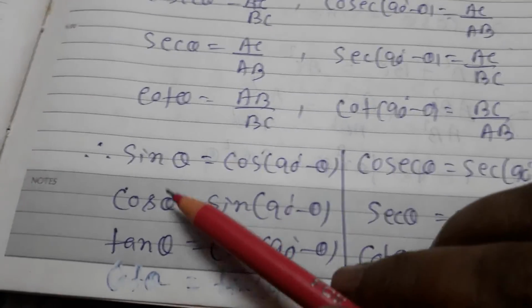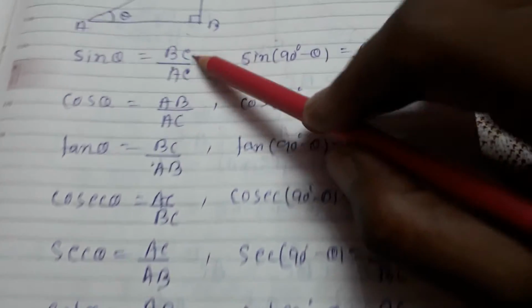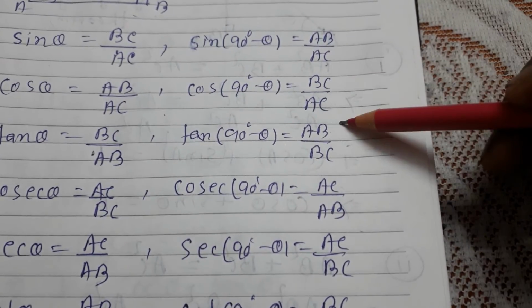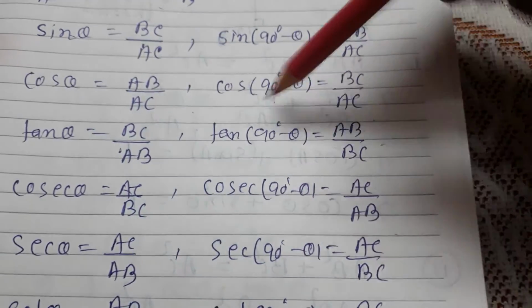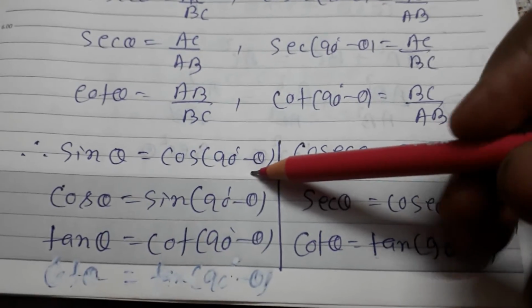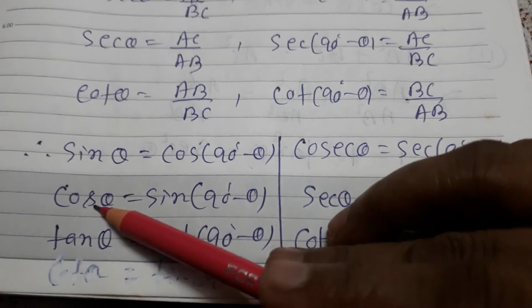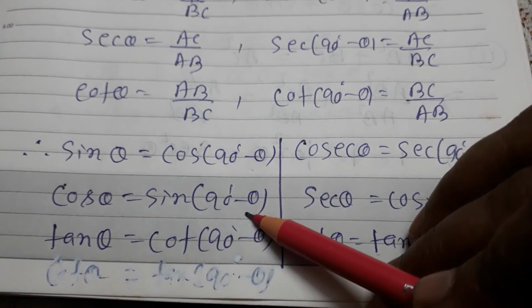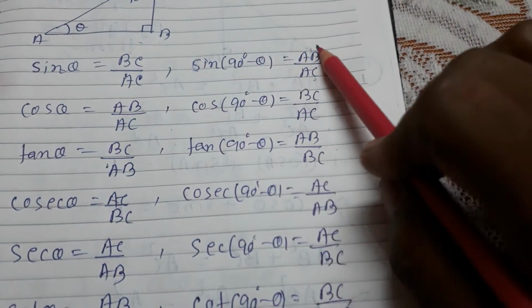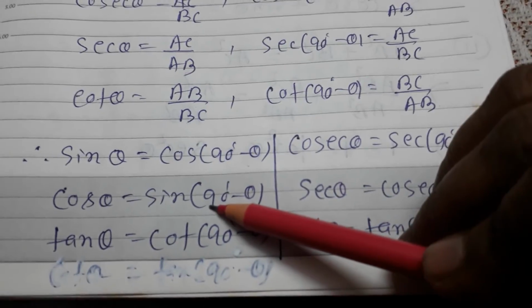Now you look, sin theta is BC by AC, and cos 90 minus theta is also BC by AC. So sin theta equals cos 90 minus theta. So a formula is created, and similarly cos theta equals sin 90 minus theta. Cos theta and sin 90 minus theta are both AB by AC.